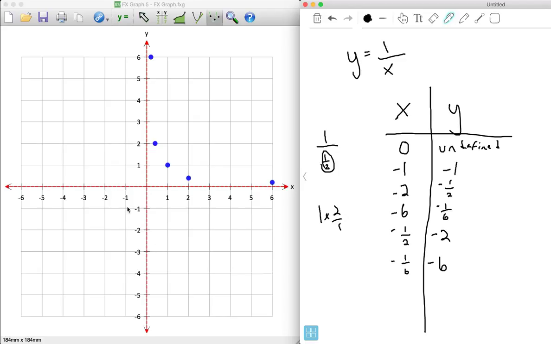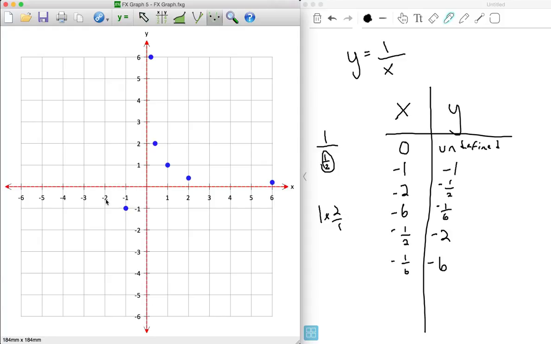So we get the same kind of points, but down here. -1, -1. -2, -1/2. Again, that point's not exactly in the right place. -6 gives me -1/6. -1/2 on the x, which is right here, gives me -2. Not quite in the right place. And -1/6 gives me -6.